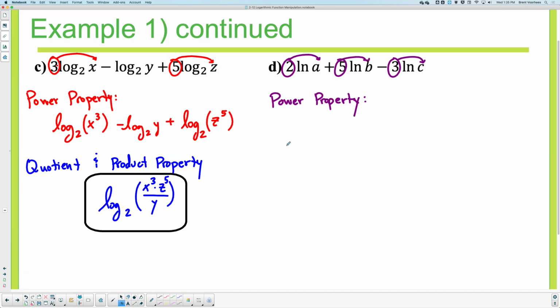It means it's a log with a base of, not 10, that's a common log, that would be if it just said log. Natural log is a log with a base of e. You got it. So I have the natural log of a squared plus the natural log of b to the power of 5, minus the natural log of c cubed.